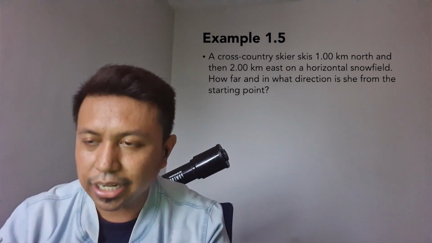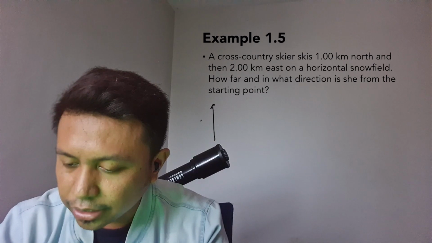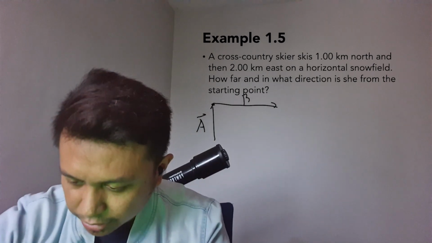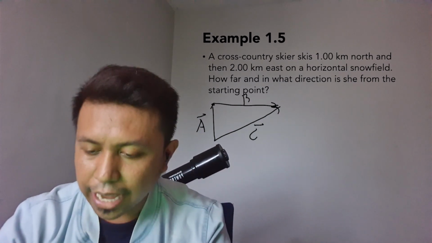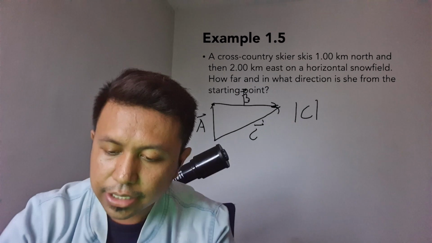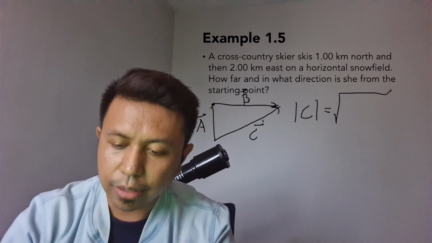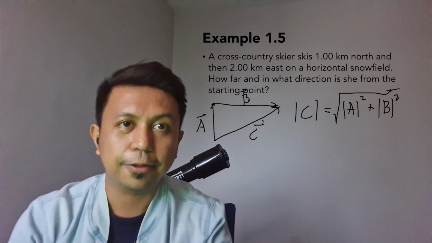So we know that this is vector A, this is B, and this is C. So the magnitude of vector C is equal to the square root of the magnitude of A squared plus the magnitude of B squared.